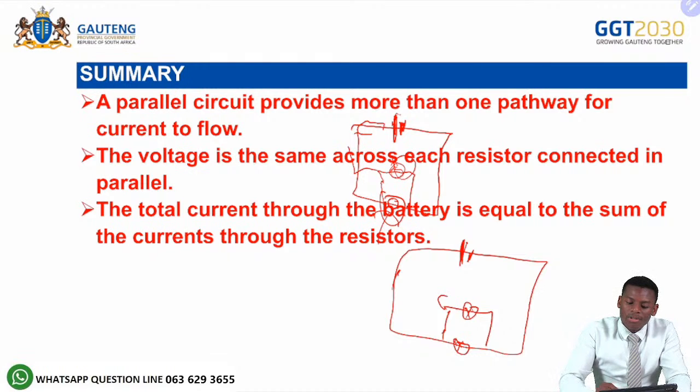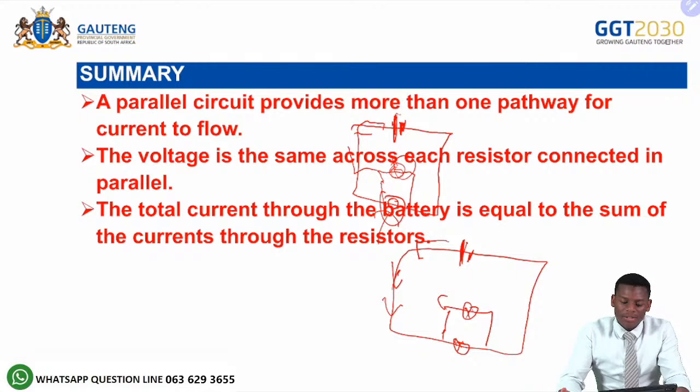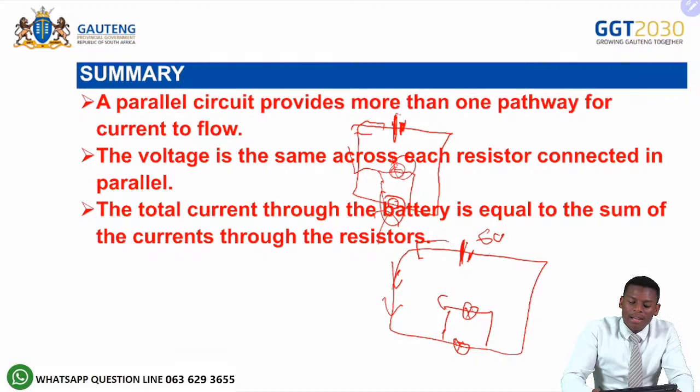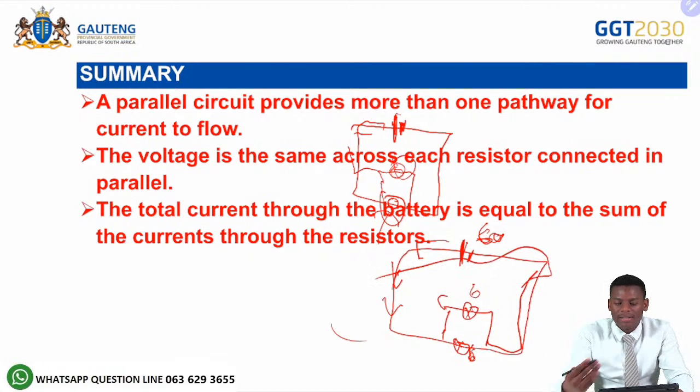When the current flows through the battery, it is equal to the sum of the current through the resistors. So if it's 6 volts, this resistor will get 6 volts. Also, this resistor, a bulb, also gets 6 volts, and the voltage stays the same right through.